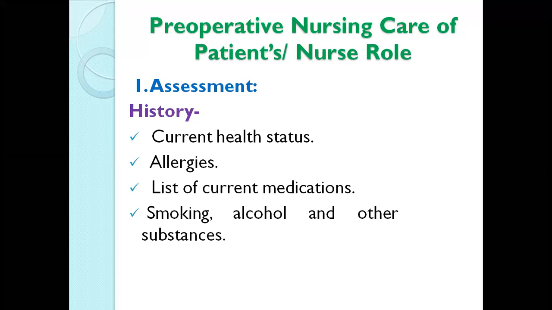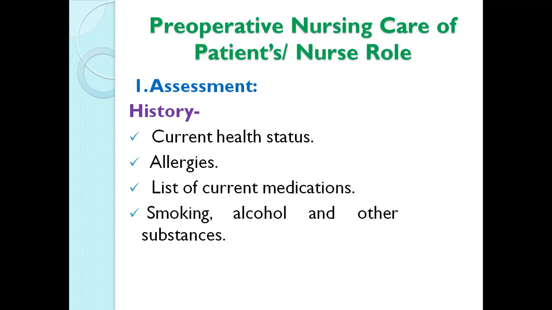Once individuals start this, it needs to be taken daily. So in this type of condition, we allow the individual to take the medication even on the day of the surgery with a little amount of water. It depends on what type of medication the patient needs. And there are also some medications that need to be stopped before going to surgery. So that's why we have to take the history of what type of medication your patient is currently taking.